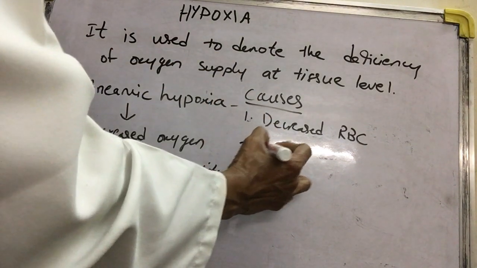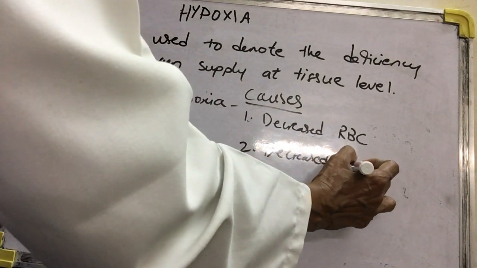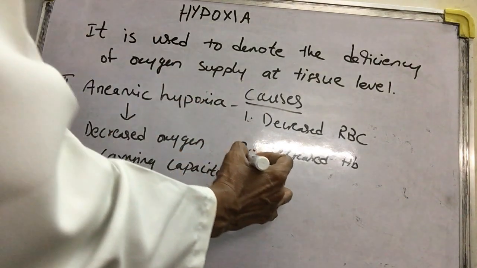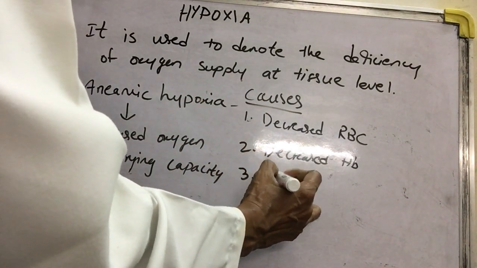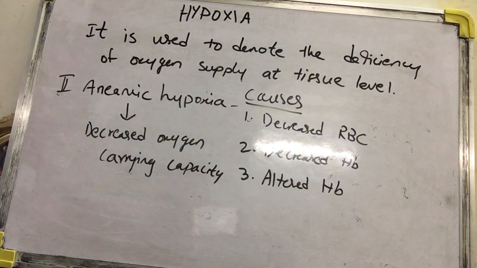Another cause is decreased hemoglobin levels. And another cause can be altered hemoglobin. The hemoglobin level is normal, but the structure of hemoglobin is altered in such a way that it has no capacity to carry oxygen.